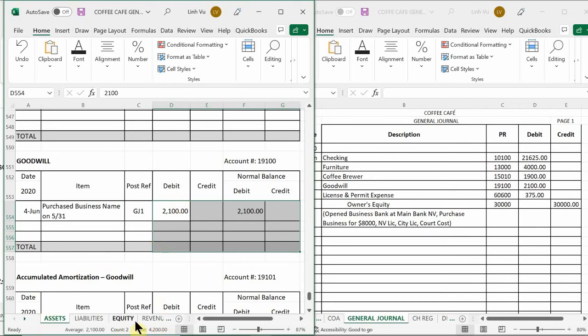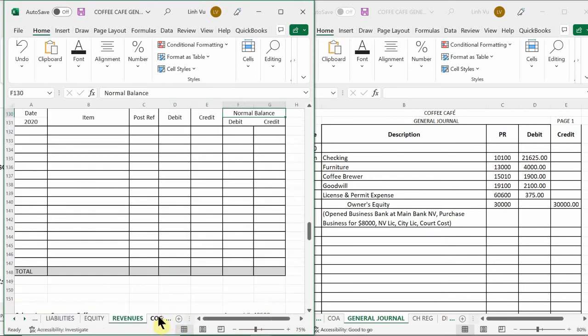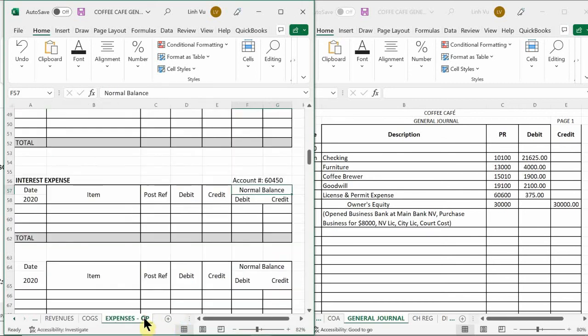So I'm going to go to my tabs here. I'm going to go to expenses, because that's where my license and permit expense is. Now, if you notice, I organize my chart of accounts by account numbers. My first 10,000 accounts are my assets.